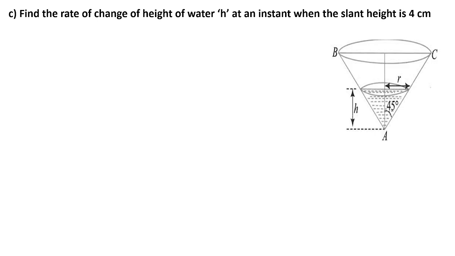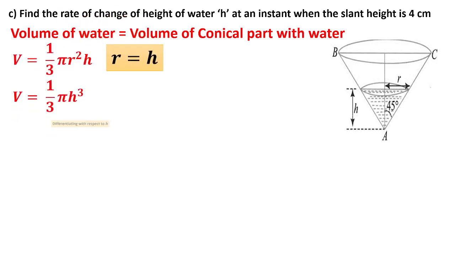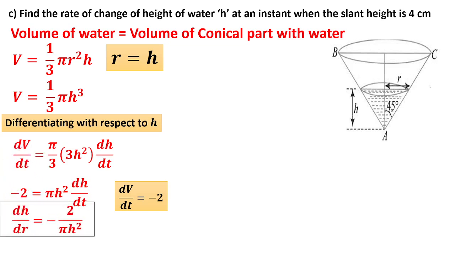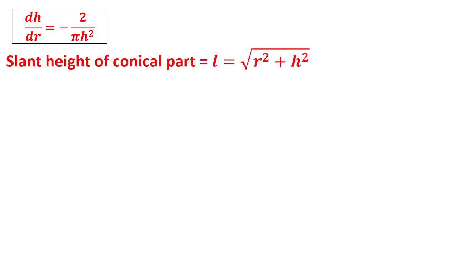Well, rate of change of height, when the slant height is 4 centimeter. Volume of the water is equal to volume of the conical part with water. Volume is 1 by 3 pi r square h. r is h. I am substituting. Differentiate. dV by dt is already -2. I am substituting it. I am getting dh by dt is equal to -2 by pi h square. And we have to find the slant height. l is root of r square plus h square, where r is equal to h.